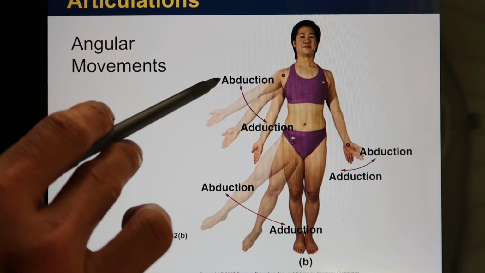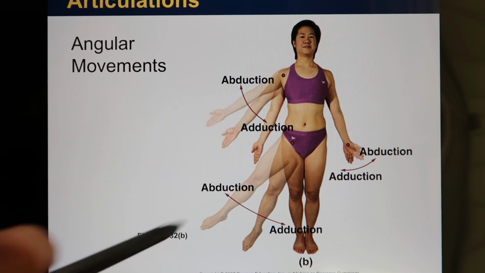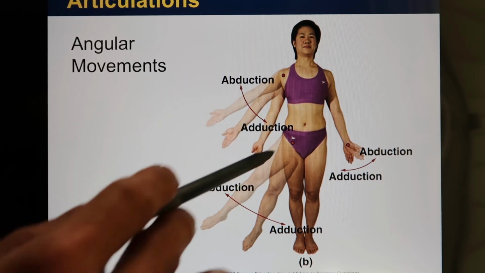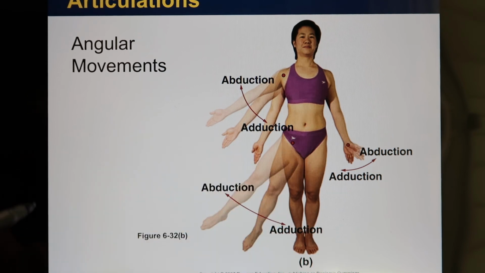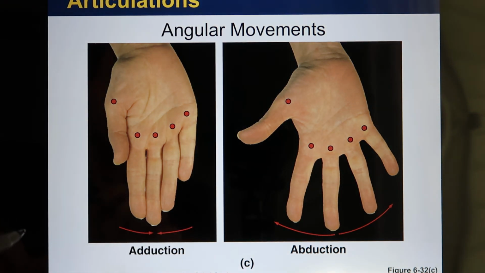AB duct means move away from the center line, and AD duct you move back. So you can AB duct your leg, AD duct your leg, and you can do it on your wrist. You can AB duct your finger, AD duct your finger. And you can also flex, extend your finger. So your finger has a lot of flexibility, similar for your wrist.